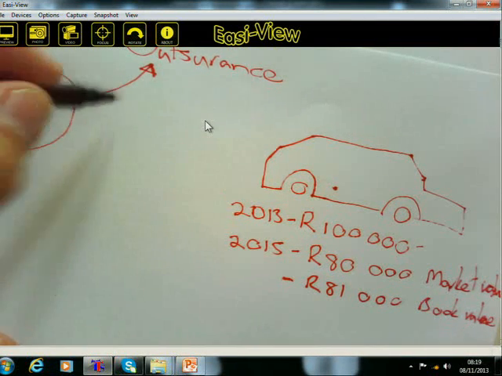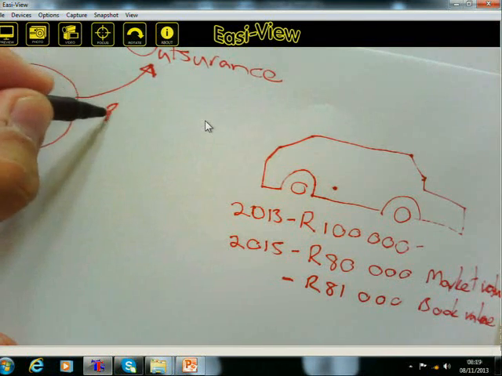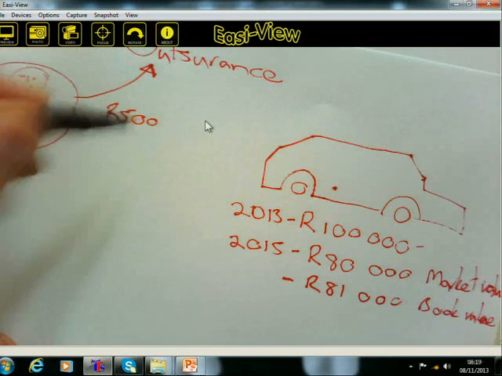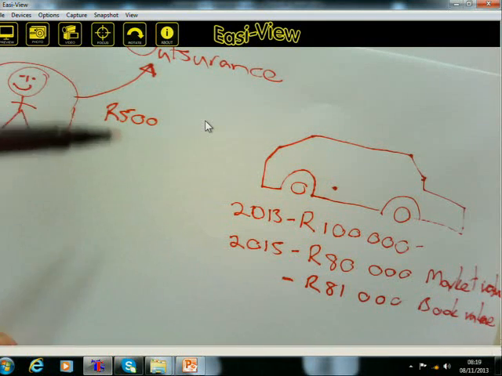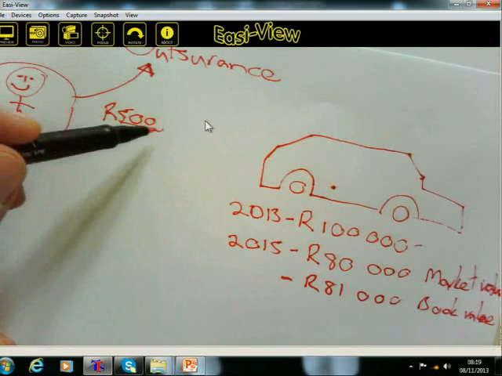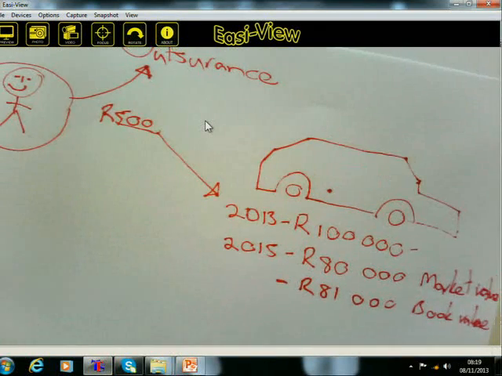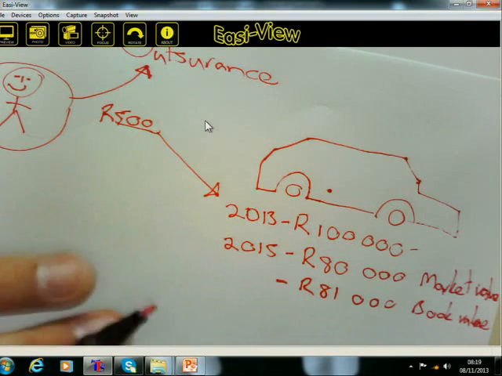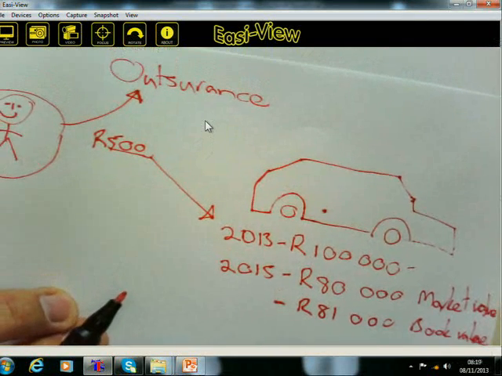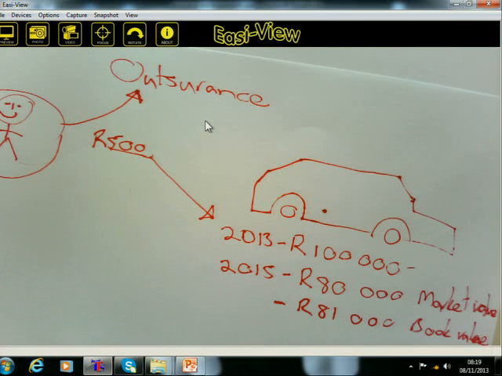But if you pay insurance 500 rand a month for the premiums, as a premium, that is worked out on 100,000 rand. So basically, and this is a tip, remember at the beginning I told you that this is all about real life. And one day, hopefully, you are going to own a cell phone or a car or some form of asset that you would want to insure.